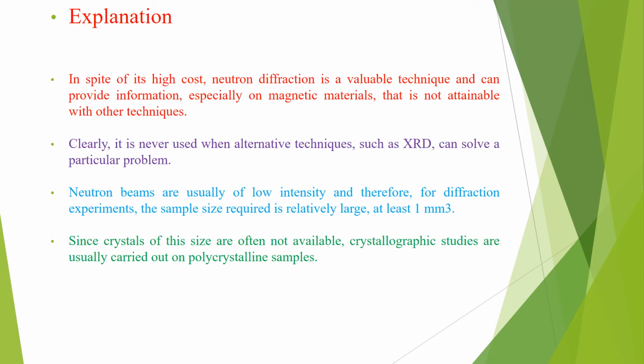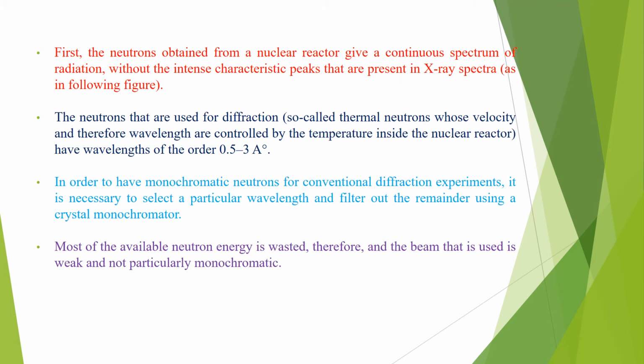Since crystals of this size are often not available, the crystallographic studies are usually carried out on polycrystalline samples. A powder neutron diffraction pattern looks very much like an X-ray pattern, but there are several characteristic differences between neutron and X-ray diffraction.